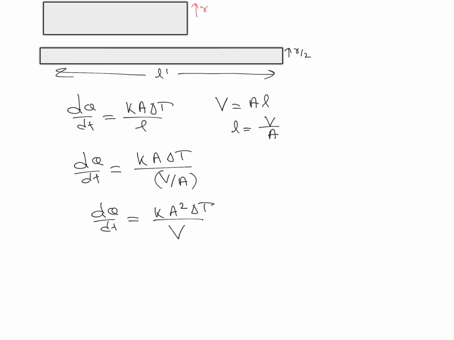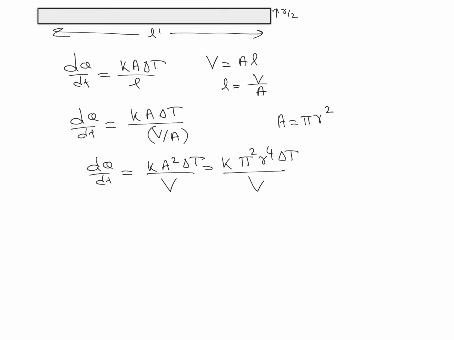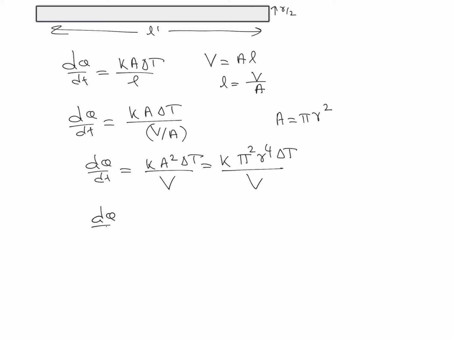We know that the area of the rod is pi r squared, so A squared is pi squared r raised to 4. So dQ by dt is directly proportional to r raised to 4, while volume, delta T and k are constant.